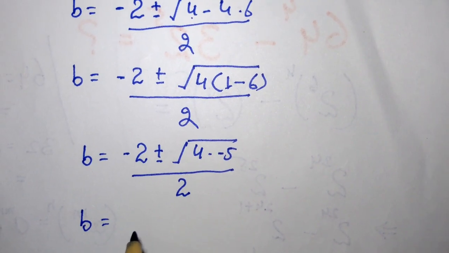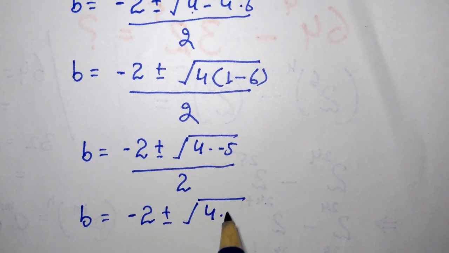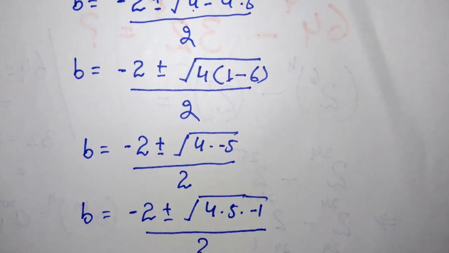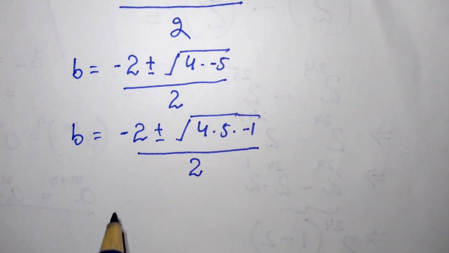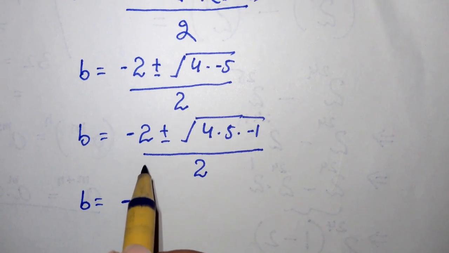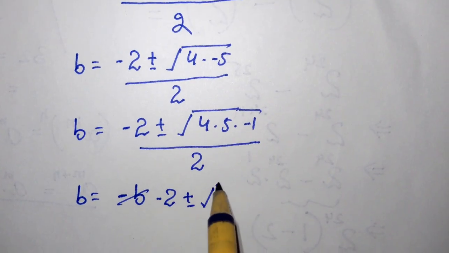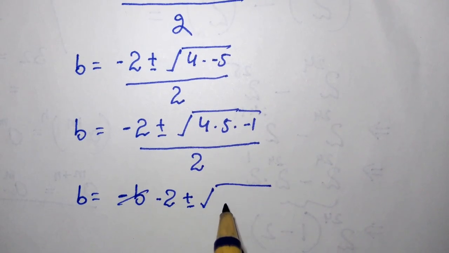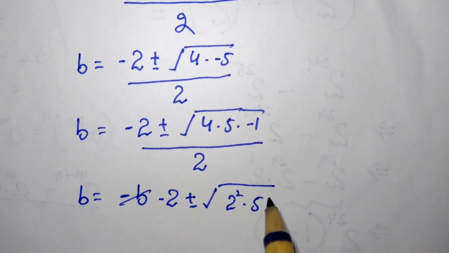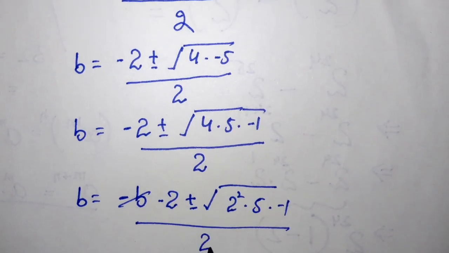B is equal to minus 2 plus or minus square root of 4 times 5 times minus 1, over 2. Now b is equal to minus 2 plus or minus square root of 4 is equal to 2 square times 5 times minus 1, over 2.